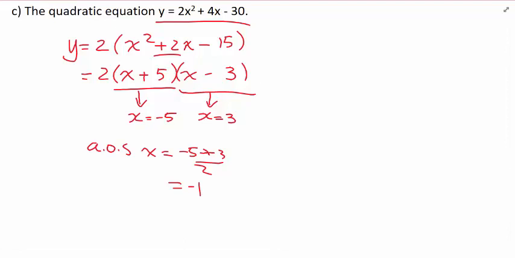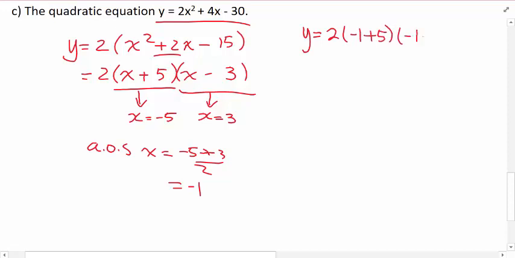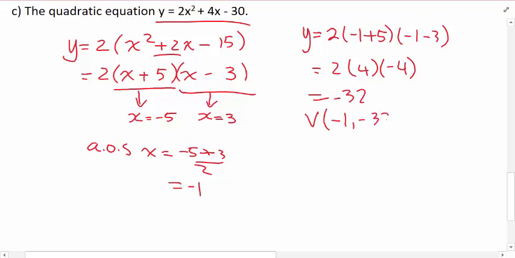So your vertex: y is equal to 2(-1 + 5)(-1 - 3), which is 2 times 4 times -4, which equals -32. So the vertex is (-1, -32).